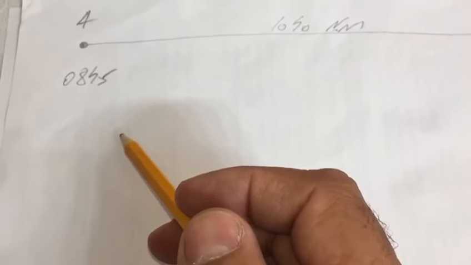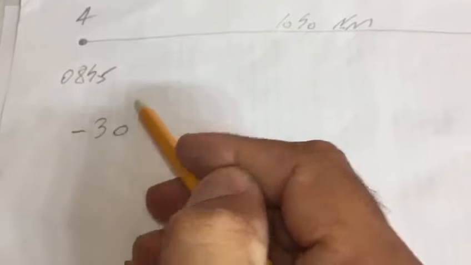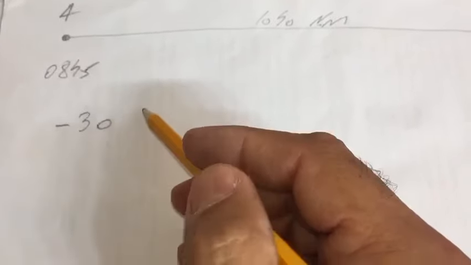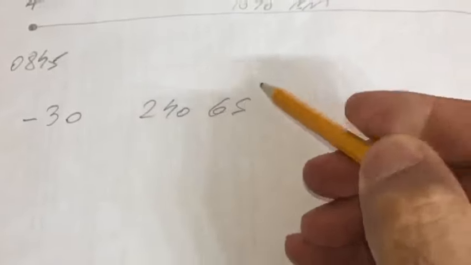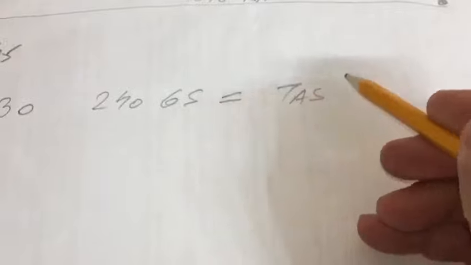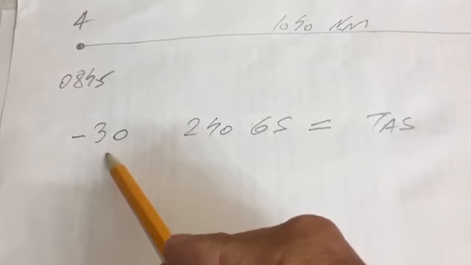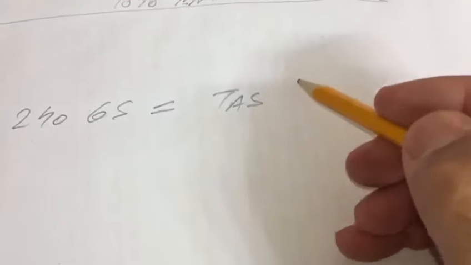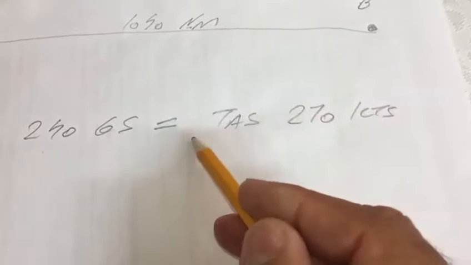We know the wind component is -30 headwind, and the calculated ground speed is 240 knots, which means the true airspeed is 240 plus 30 because it's slowing us down, 270 knots.